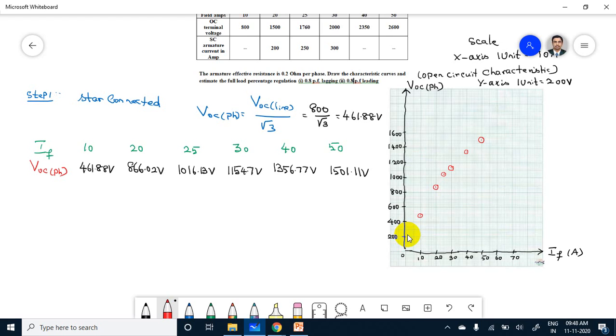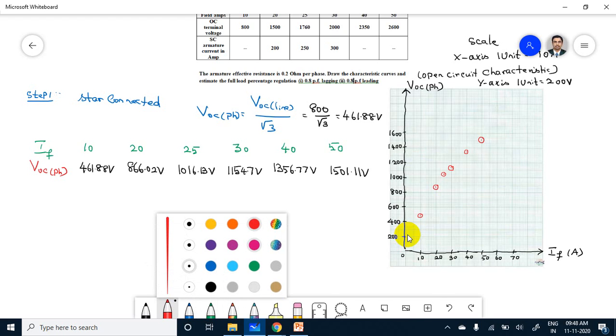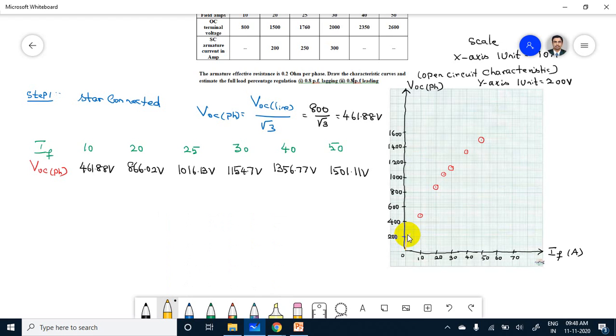Now we have to join the line. So how to join here? This is 0, right? By using your pencil, please join these lines.